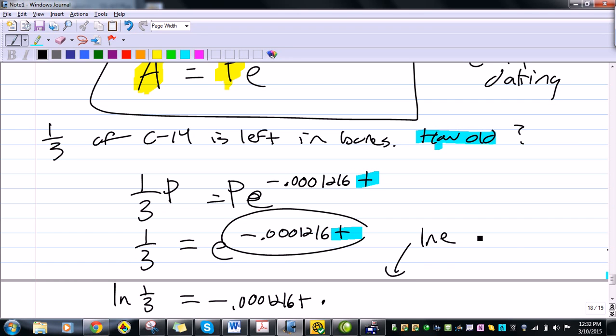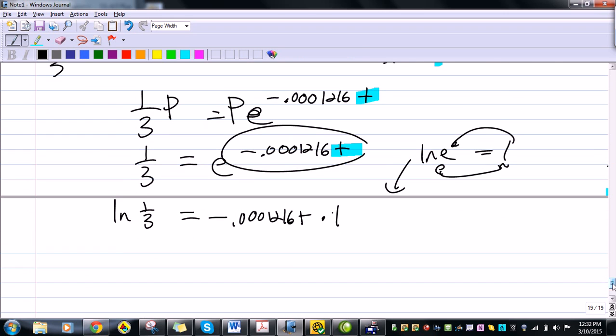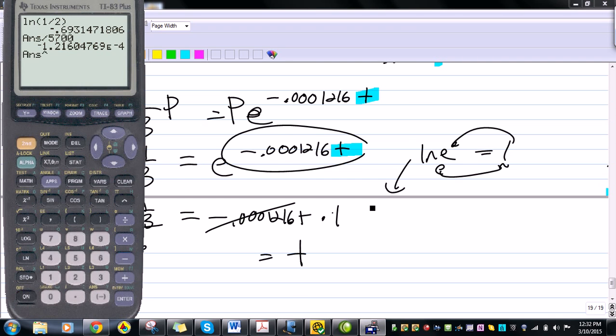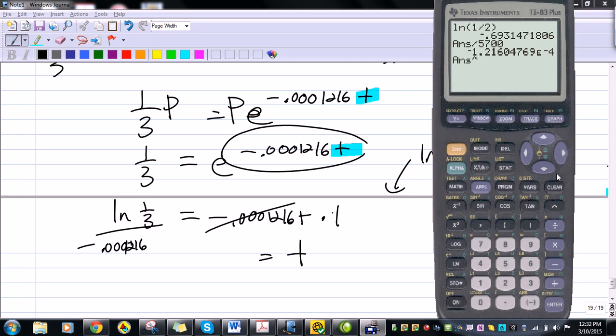But remember, the natural log of e is just 1, because e, the base of the natural log, to the first equals e. So it's just times 1. And then to solve for t, I just divide both sides by that number, negative 0.00011216. And then I turn to my calculator to tell me what that number is, right?